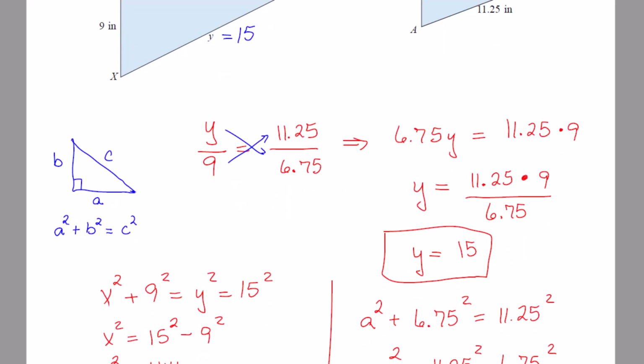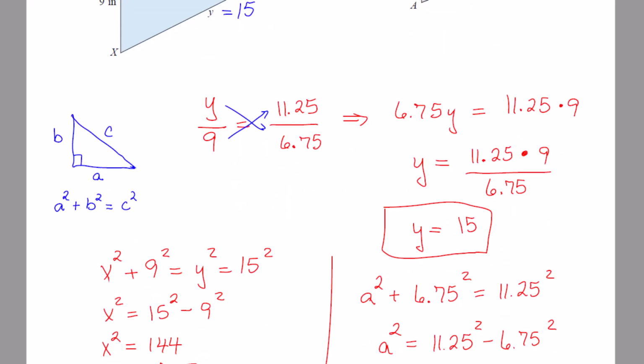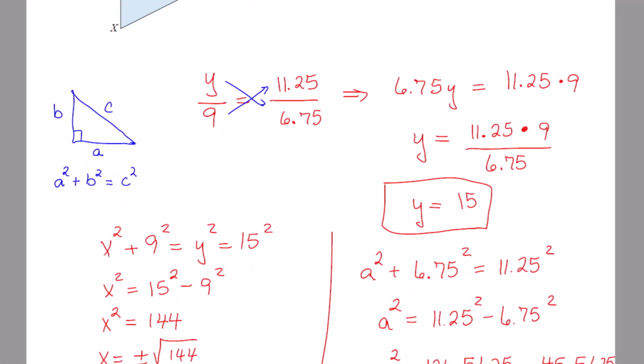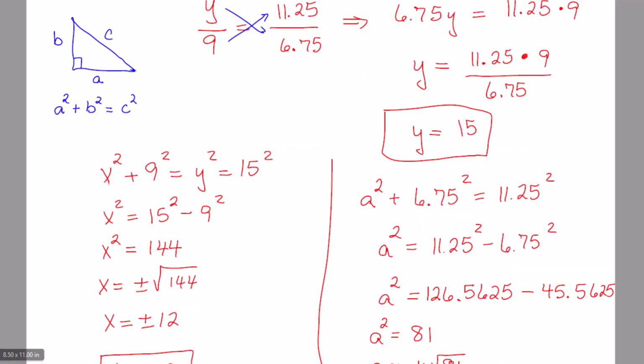All right, so let's see. 15 squared minus 9 squared is 144. And I get x is plus or minus the square root of 144. How did I get that? Well, this is the square root property, and so I can do that, and I get x equals plus or minus 12.